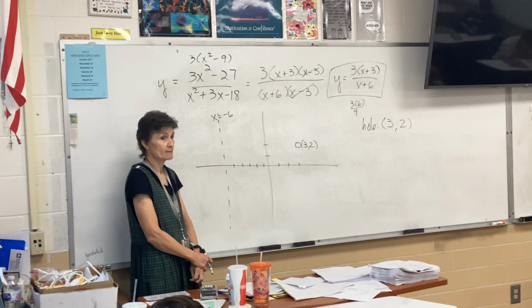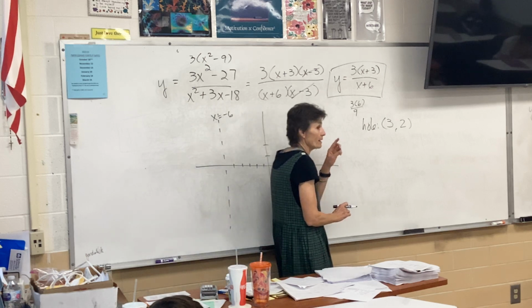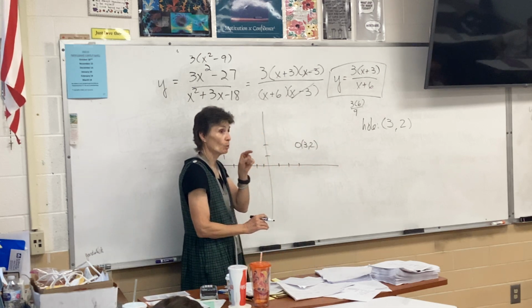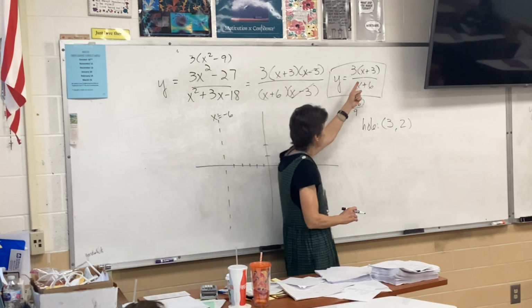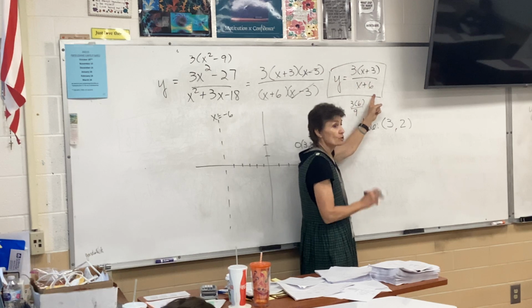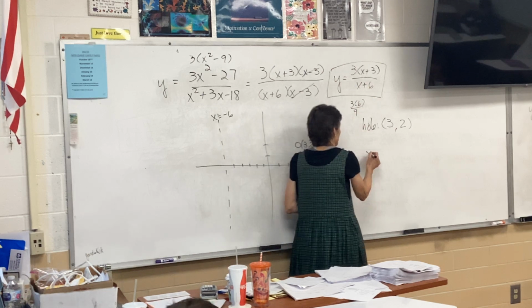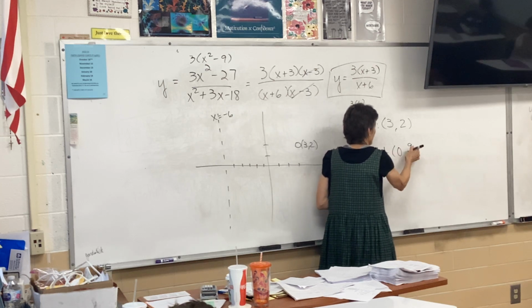All right, what else? Where's your horizontal asymptote? 9 over 6. Okay, now be careful, not the horizontal asymptote, the y-intercept. The y-intercept would be that, because if you put 0 in for x, you get 9 over 6.